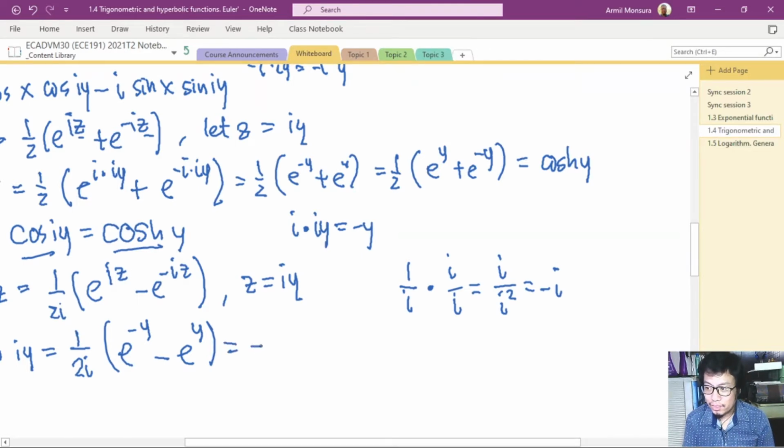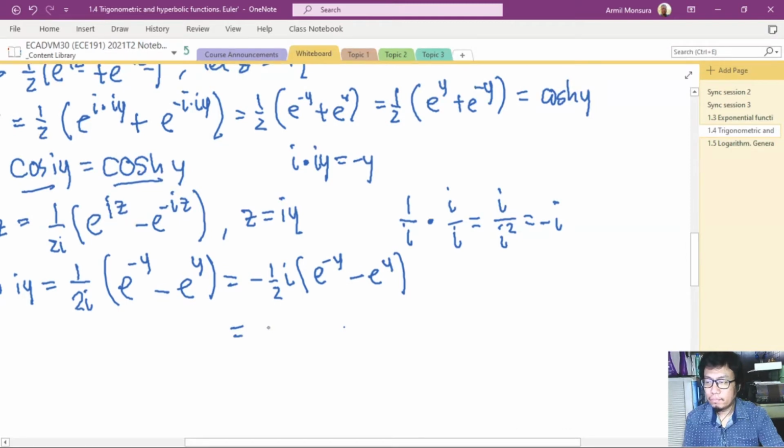So that becomes negative 1 half times i times e raised to negative y minus e raised to y. And then what I would do is I would multiply negative 1 to the terms inside the parentheses. And that should become 1 half i times e raised to y. This term now becomes positive and this becomes negative. So minus e raised to negative y.